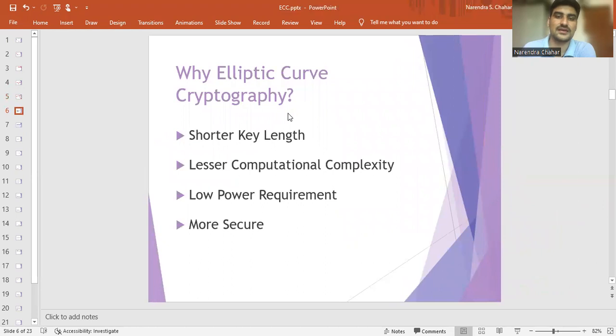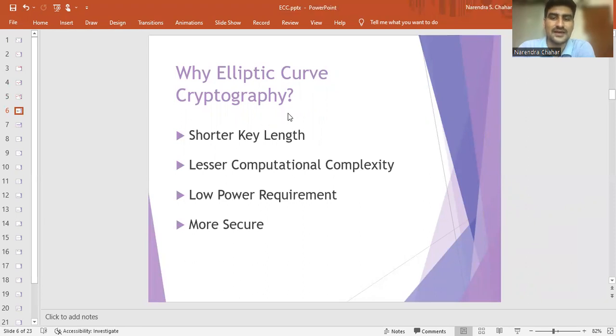Now, why elliptic curve cryptography? Why do we use it? Because of its shorter key length and lesser computational complexity. What is computational complexity? When we calculate a key, there are some mathematical operations. If we are calculating or deriving such a function, it may take longer than usual.